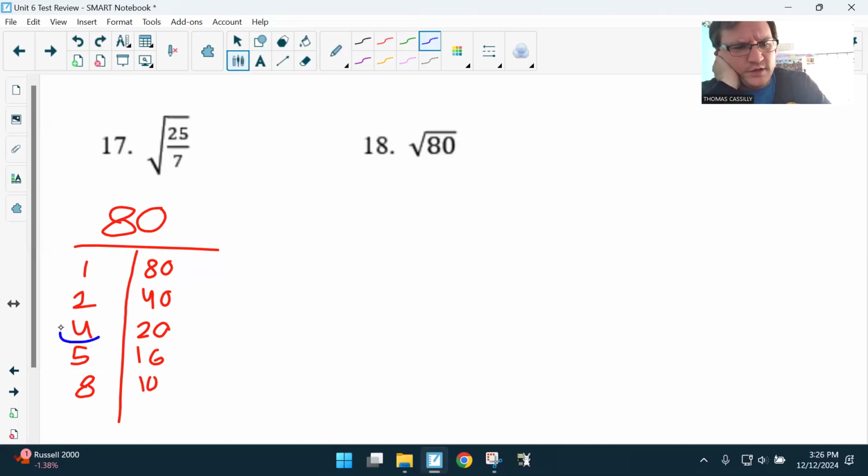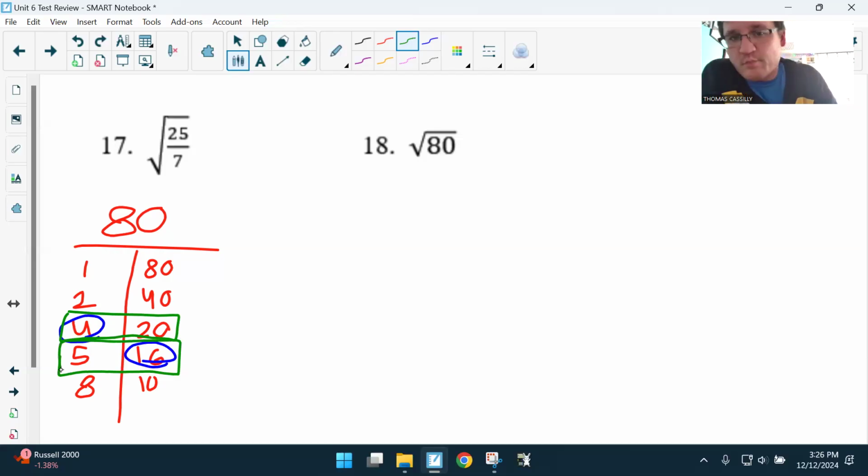And if you look here, 4 and 16, those are perfect square numbers, right? So I could really pick either one of these two when I break up my radical. However, it's going to be much more efficient to pick the bigger of the two square numbers.